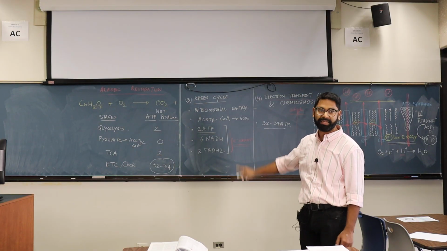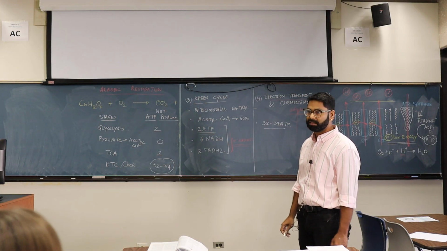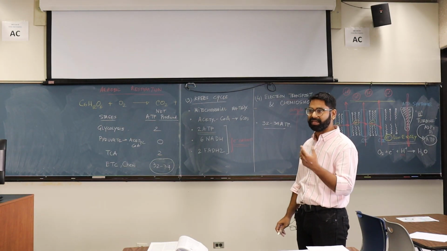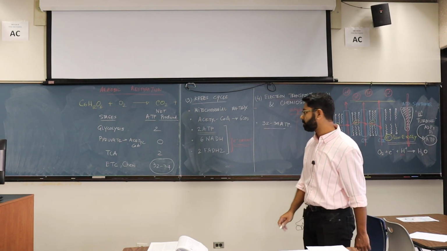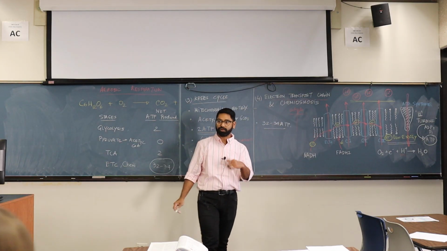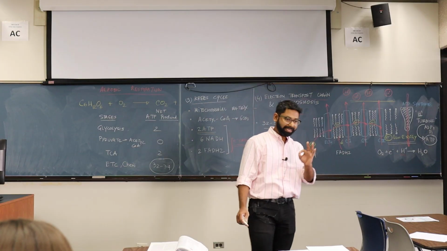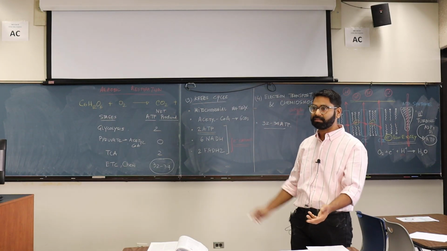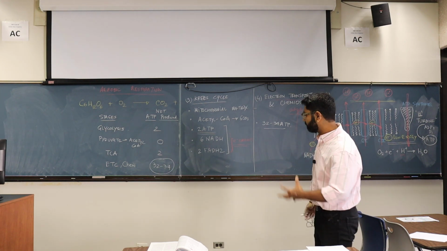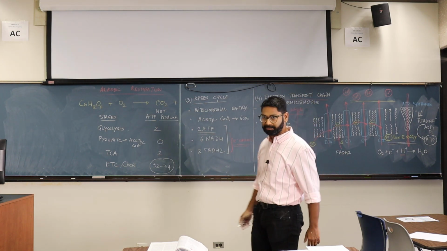We need this aerobic respiration process for a complicated life form because of the amount of energy that is required. Okay? This is much more efficient in producing the ATPs, because if the idea is to produce ATPs, this is a much better, much more efficient way of producing the ATPs.